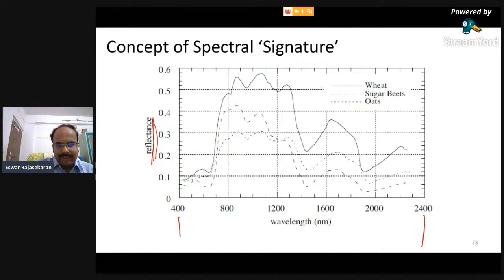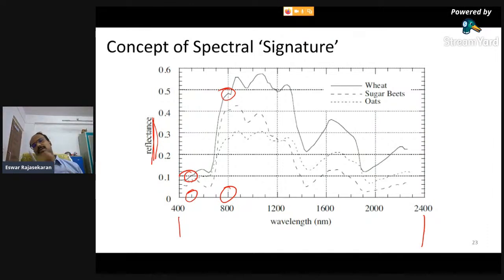At 800 nanometers, that particular object is reflecting almost half of the energy falling on it. Whereas at the 500 nanometer portion, the object is reflecting only 10% of the energy falling on it. So each object will behave differently when seen through different portions of EMR.